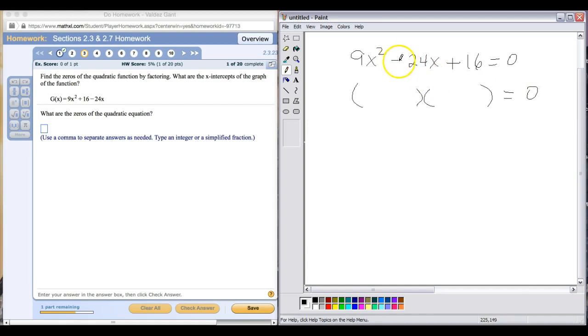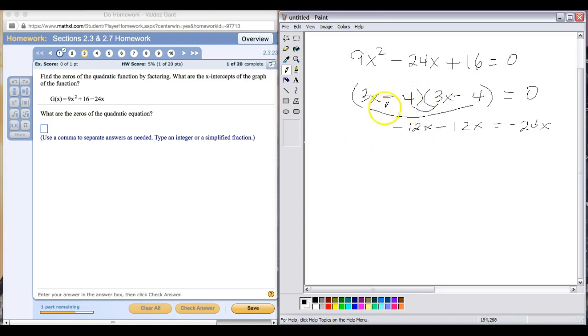Since I know I have a sign pattern of minus plus, then I know that's going to be minus and that's going to be minus. 9x squared could factor into 3x times 3x. And if I use 4 and 4 here, then if I check the two middle terms, they will multiply and add out to minus 24x, which is exactly what we need. So this actually works.